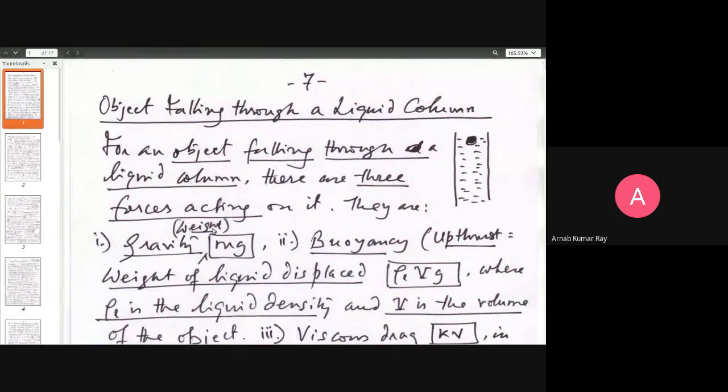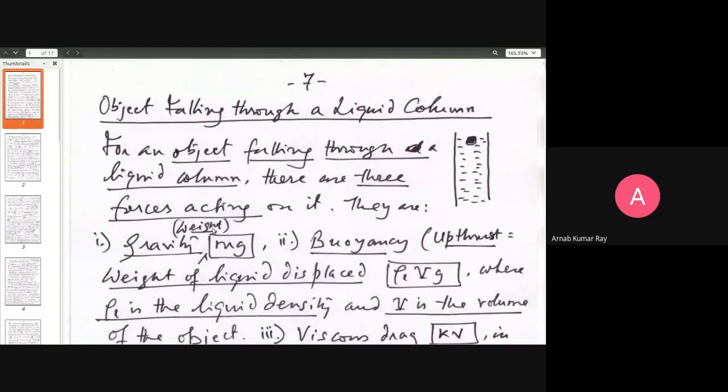We discussed radioactive decay, an electrical circuit problem, and a geophysical problem of viscoelasticity, which is also a problem of the physics of materials. And now we are on a fluid dynamics problem.